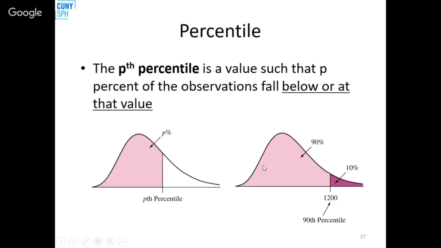That is the key thing, that it's the value at which P% fall at or below that value. So this is the Pth percentile, this is the 90th percentile, where 90% of the distribution is below and 10% is above.